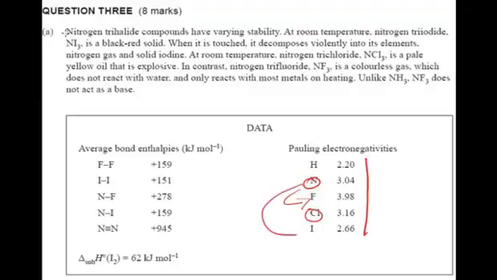And if we look at iodine, again we get a reasonably different electronegativity, but not quite as much as between nitrogen and fluorine.